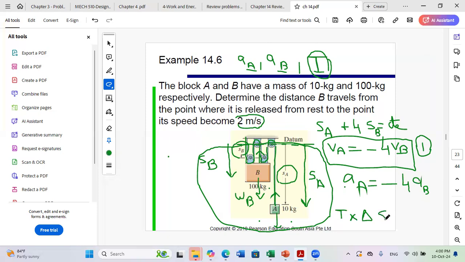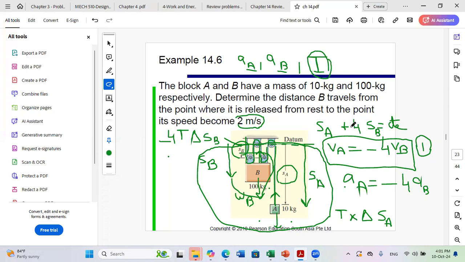While for block B, when you take the system B, you will cut the cable at 4 locations, 1, 2, 3, and 4. So you have 4T here at this level, 4T times delta SB. But why will I put a negative sign? Because T is upward and delta SB is downward. So the work of tension at B level is negative.